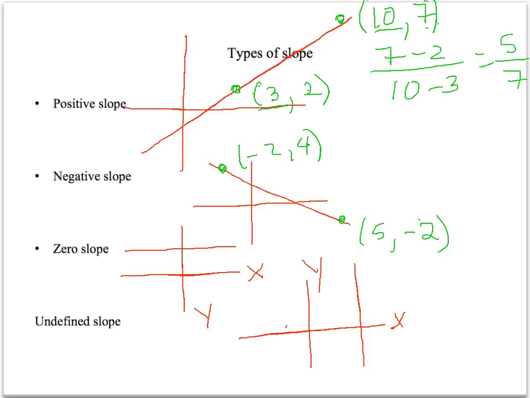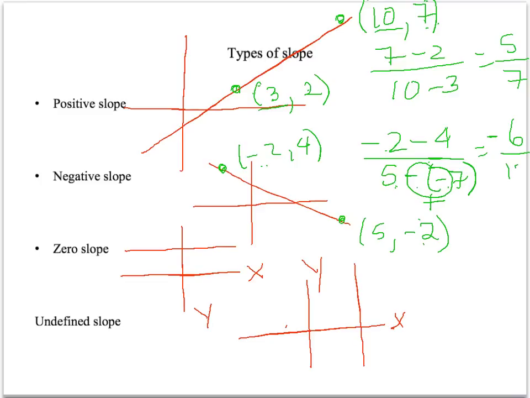So I'm going to do negative 2 minus 4 over 5 minus negative 2, so we can't forget that negative 2. So negative 2, I take away 4 more, gives me negative 6. 5 minusing a negative, that's a positive, so 5 plus 2 is 7. I can reduce this to negative 1 over 2. Notice there's one negative, so I have a negative slope.